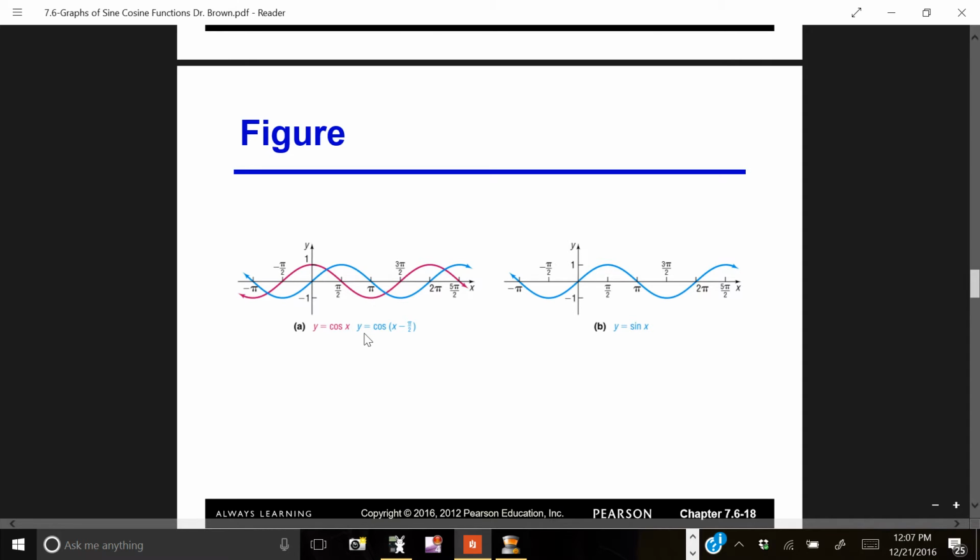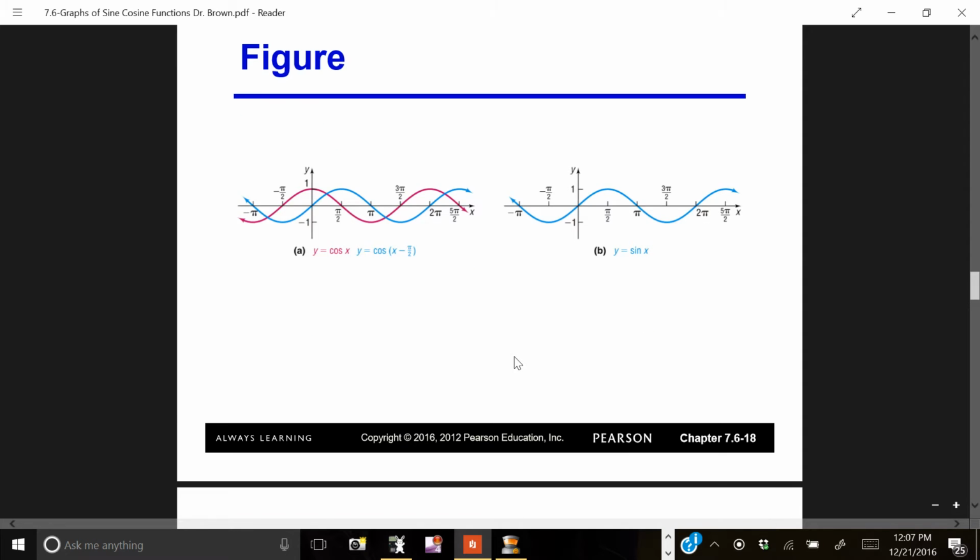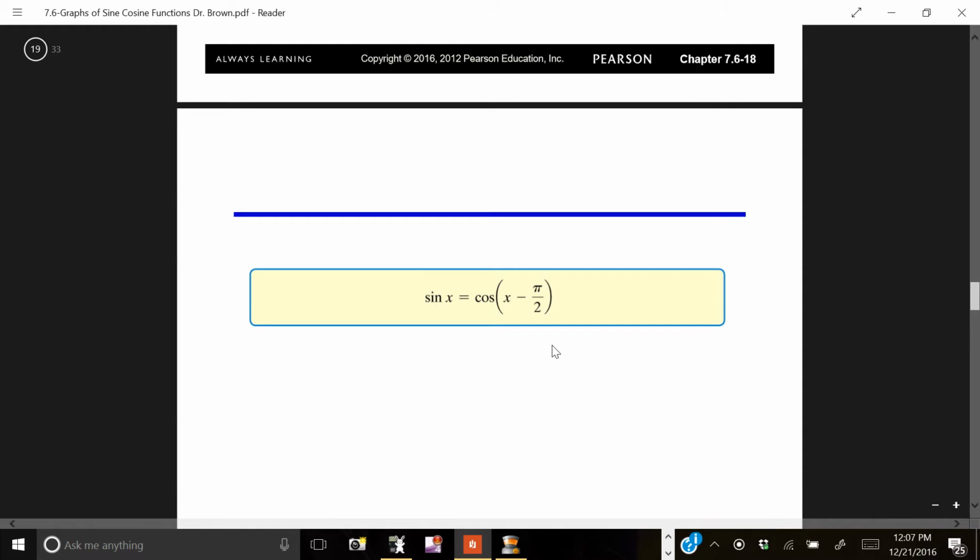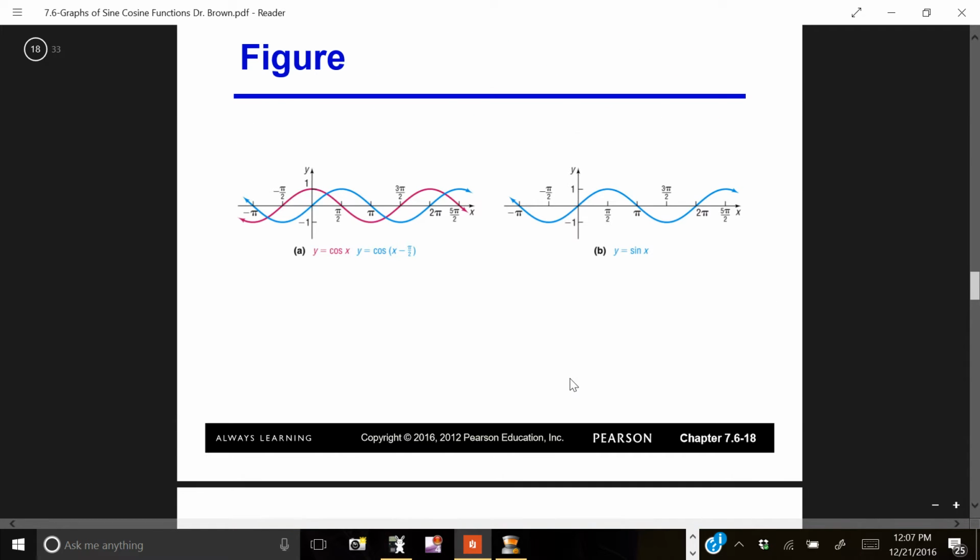But at the same time, the blue is cosine of x minus pi over 2, which basically indicates that the sine and the cosine function are the same thing, with one of them shifted to the right by pi over 2. So the sine function and the cosine function have identical graphs, but they're shifted with respect to one another.